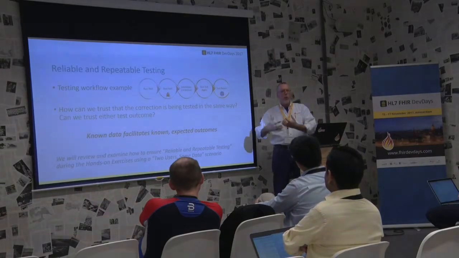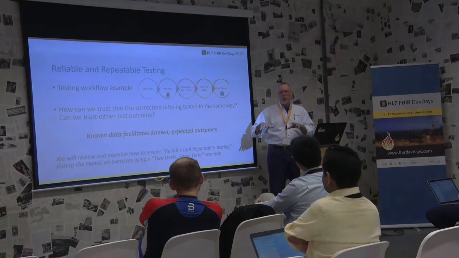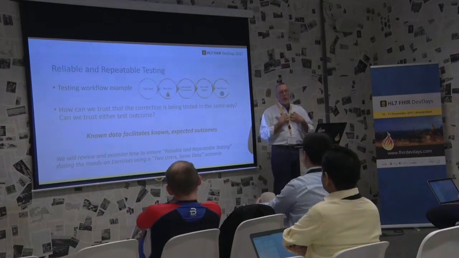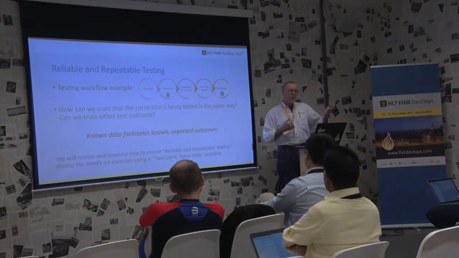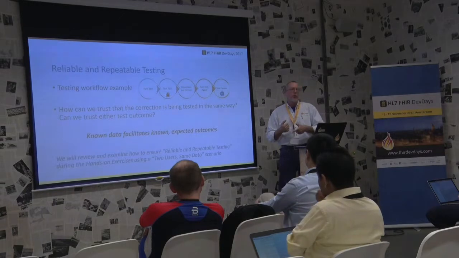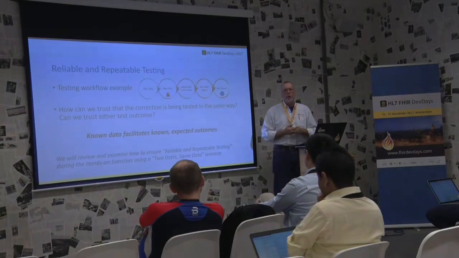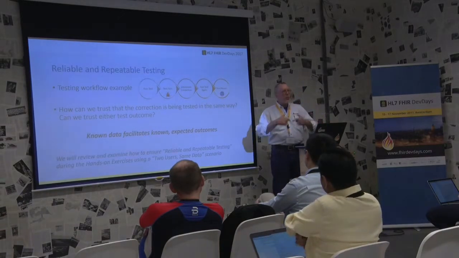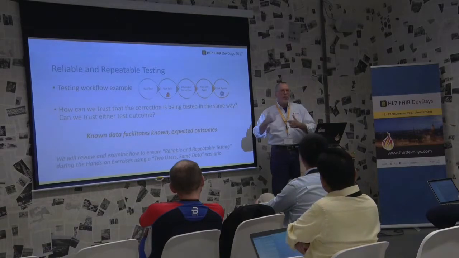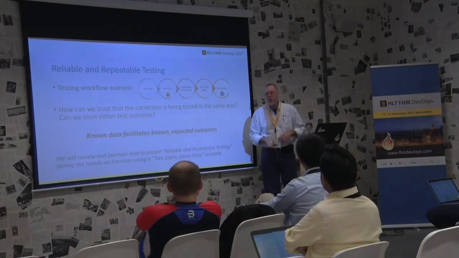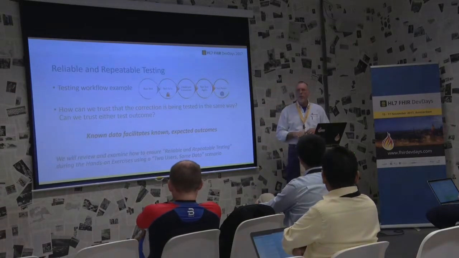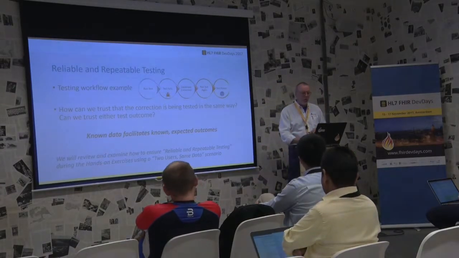If we start out with just static data, and imagine I run a test using static data against my server, but somebody else runs the same test with the same static data against my server, there is a potential problem there. I could be using the same data and I don't have consistent results. And that's all part of the hands-on exercises. And I can explain more of that this afternoon.